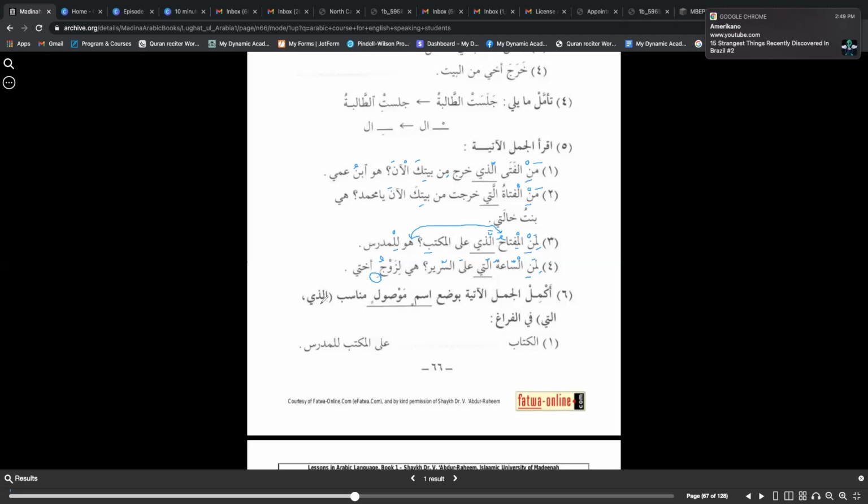Like al-kitab alladhi, the book which, you would still use alladhi. So it doesn't apply that allati is used for every inanimate object. If it's a feminine word, or it's a woman, a female, then you use allati. Fill in the blank space, so it's clear, and we can move along.